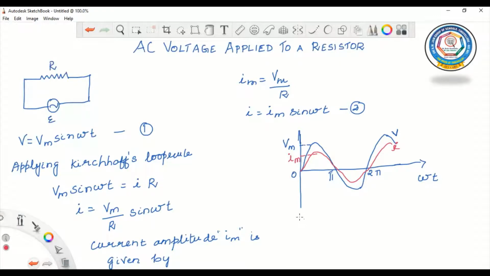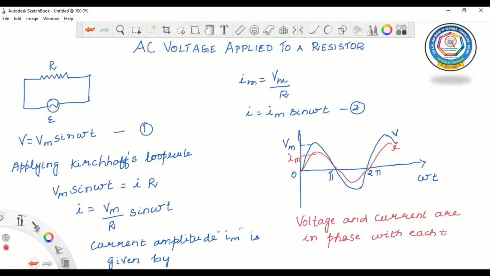We can say that voltage and current are in phase with each other.